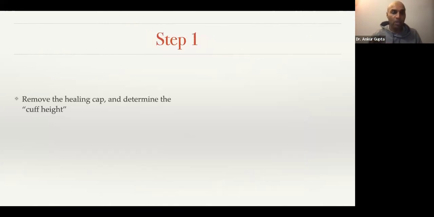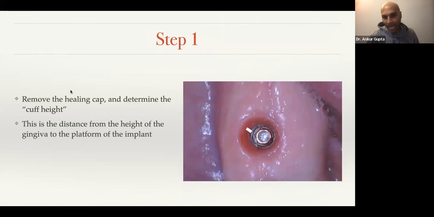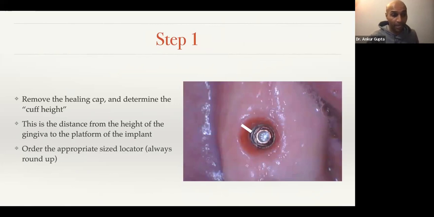So what is a cuff height? Once you remove your healing cap, you're going to notice that there's a distance from the height of the gingiva to the platform of the implant. That distance, if you were to measure it with a perio probe, is the cuff height. That's how you determine what cuff height to tell your salesperson, whether at Zest or at Implant Direct.